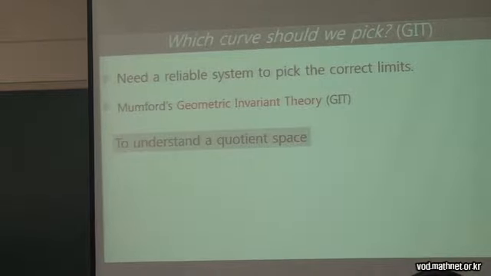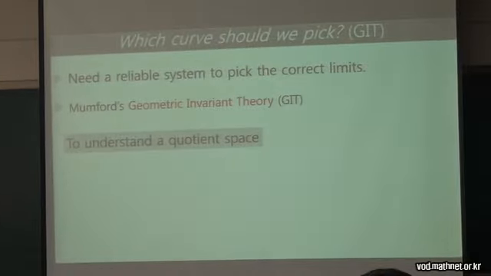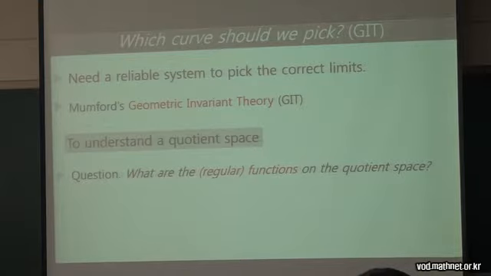So to understand a quotient space, what do we do? If you do not understand the space, then we try to understand the functions on the space. So what are the functions on the quotient space? This is the quotient that we want to construct. A function on that quotient space, if you pull it back to the space X that you started with, is going to be constant on the G orbits, right?